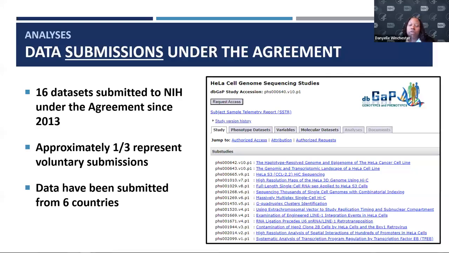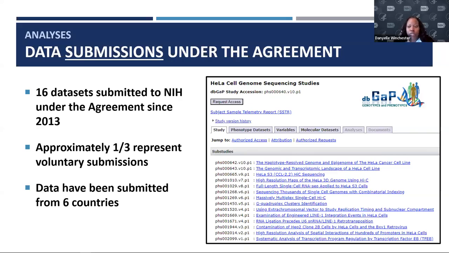So one of the first things that we did, like I was mentioning a few minutes ago, is look at the outcomes, and we looked at how many data sets were submitted to NIH since 2013 under the agreement, which was 16. And approximately 1/3 of these data sets represents voluntary submission.